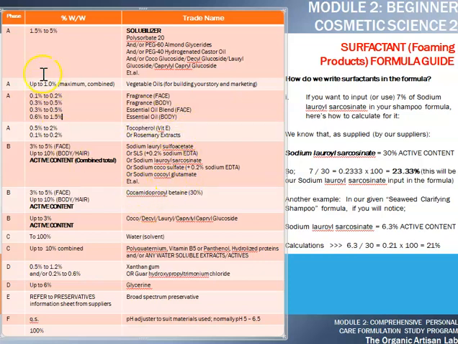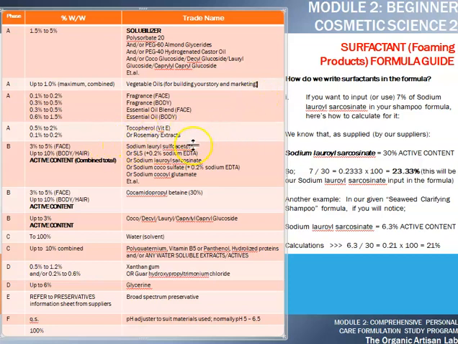It's complete. It's got the solubilizer that solubilizes your fragrances and essential oils if you want to create a clear facial wash, for example. You've got the amount of vegetable oils, up to a maximum of 1% combined, for building your story and for your marketing purposes.